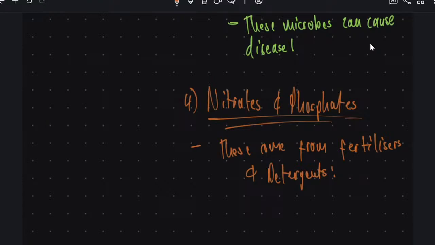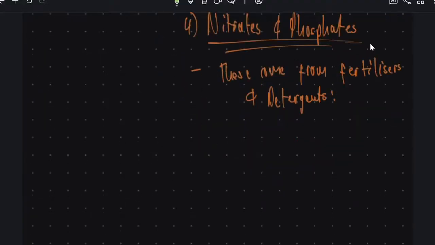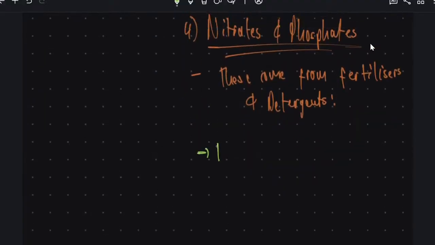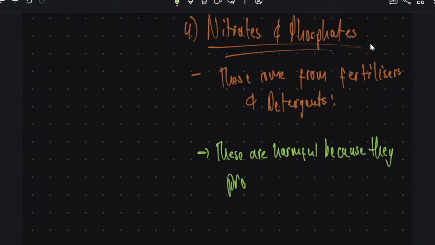So excess nitrates, excess phosphates, these are harmful. Why? These are harmful because they promote excessive plant growth.